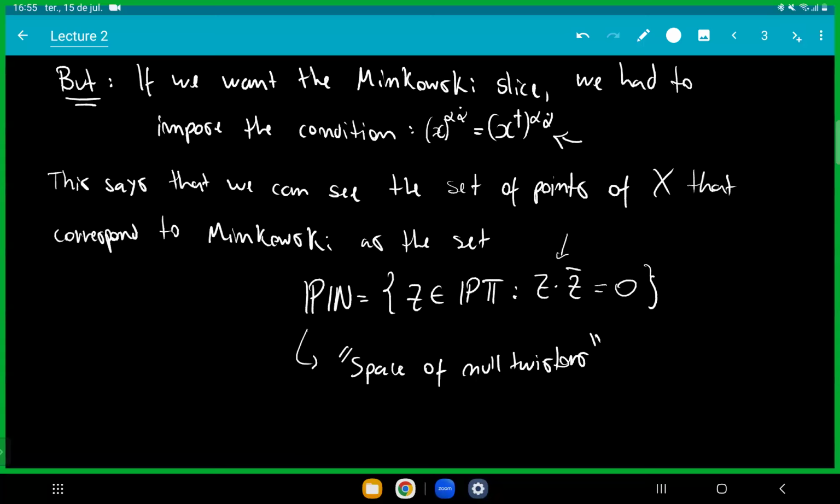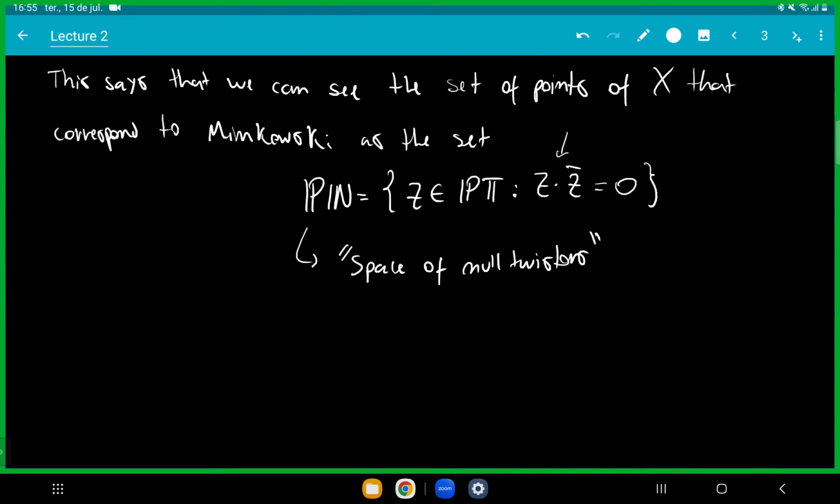So we can again ask the converse question. If we define the space of null twistors to correspond to points in space time, so a point of space time corresponds to the space of null twistors, now what does a point in this space of null twistors correspond to?